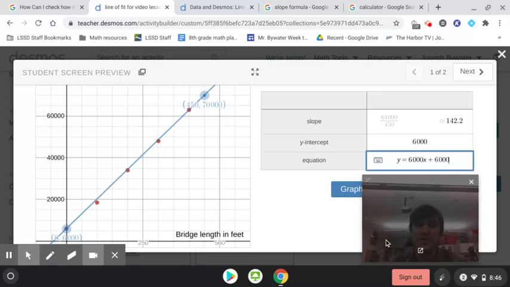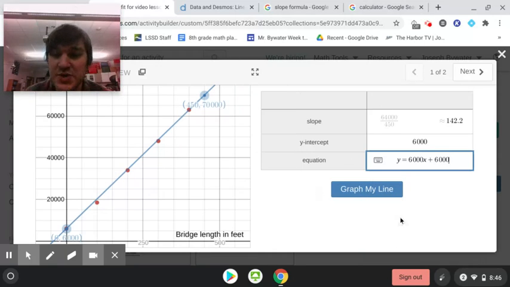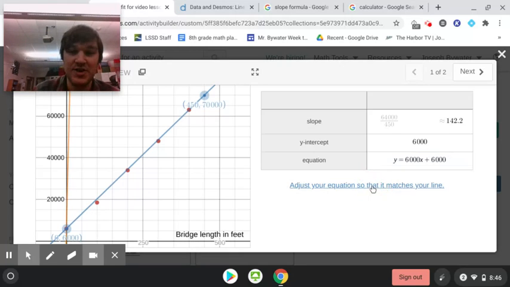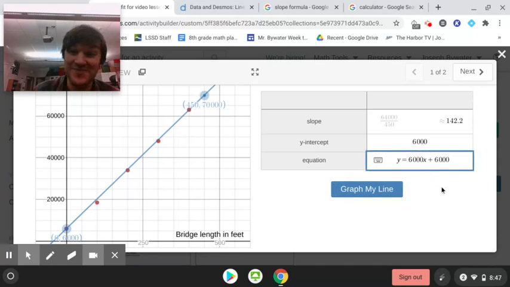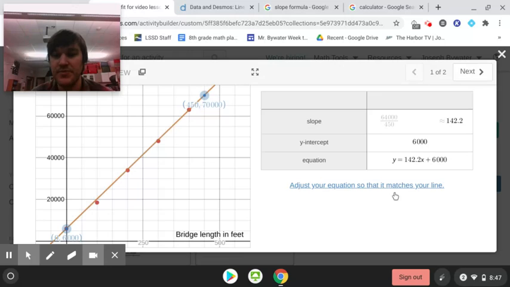Now, Desmos seems to be doing mostly right when we graph our line. So I'm going to click graph my line. Oh, looks like I made a mistake. I put the y-intercept where the slope is supposed to go, 142.2. Let's try that.